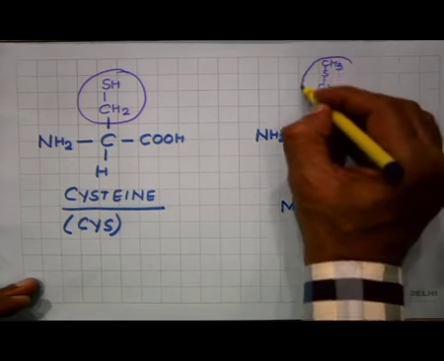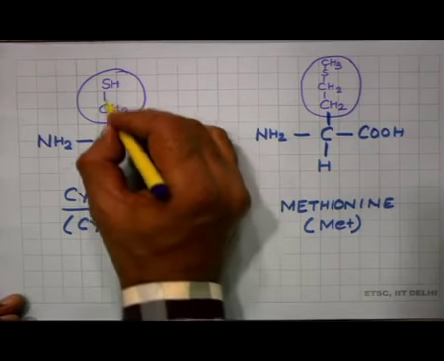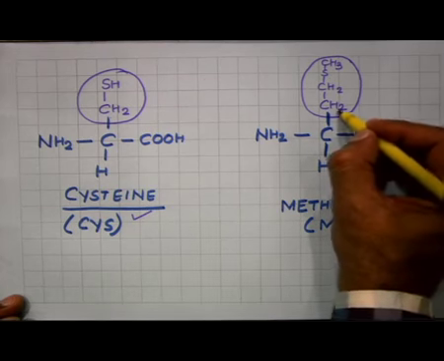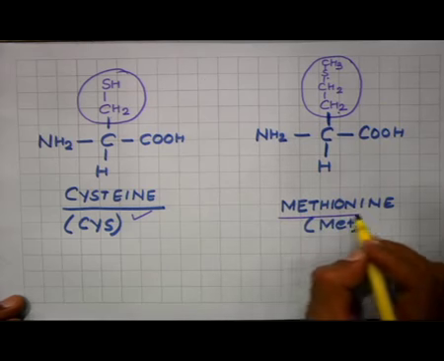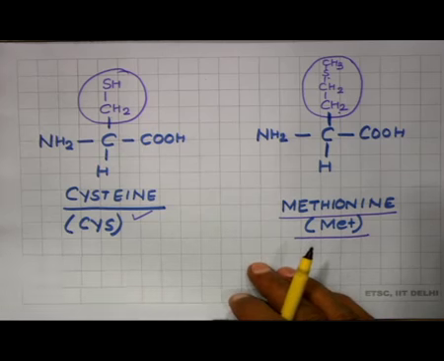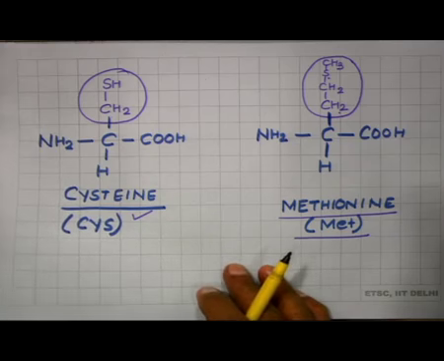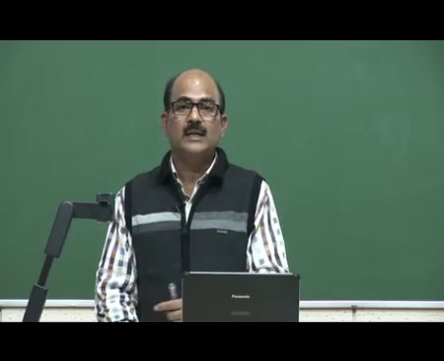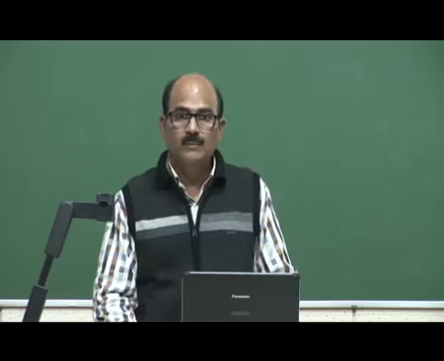So, when this variation is CH2SH, the structure is cysteine. When this variation is CH2, S and CH3, this structure is called methionine. So, now I hope you all will be able to understand the basic structure of amino acid and different types of amino acid, how the change of the alkyl group, that is the R group, changes the different types of amino acids.